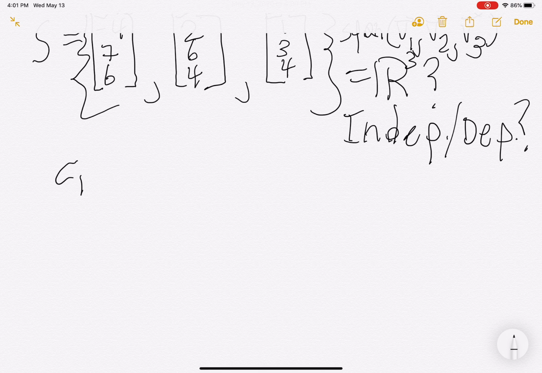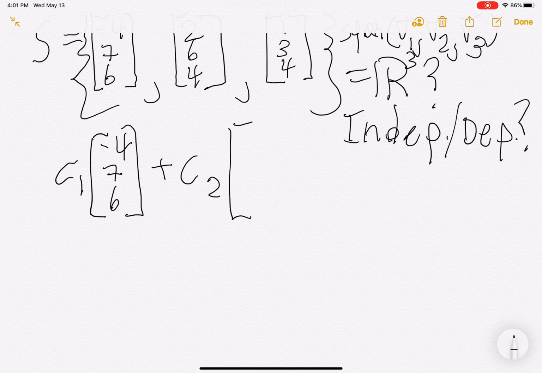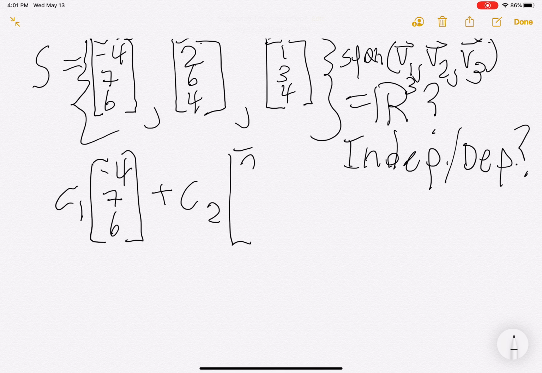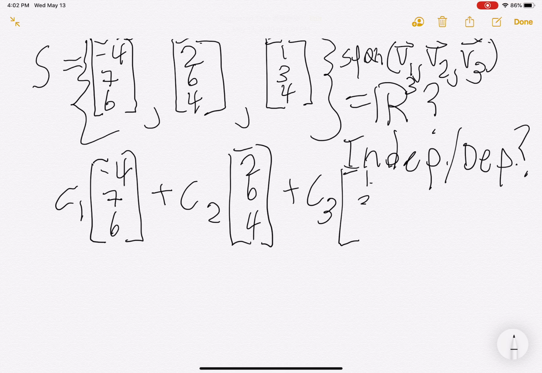So C1 times -4, 7, 6, plus, so we're looking at linear combinations here as well, plus C2 times 2, 6, 4, plus C3 times 1, 3, 4.